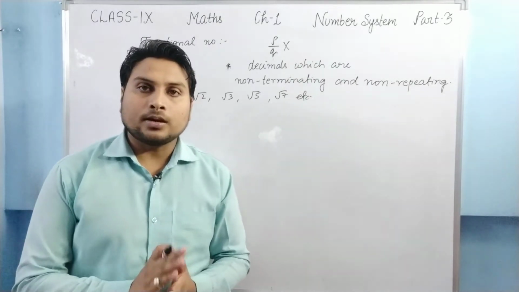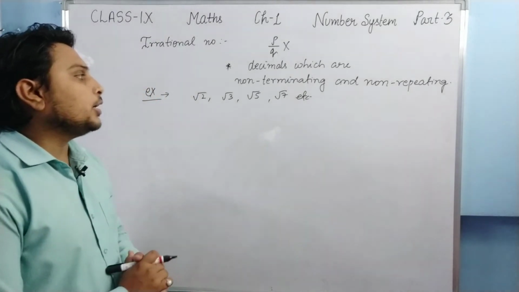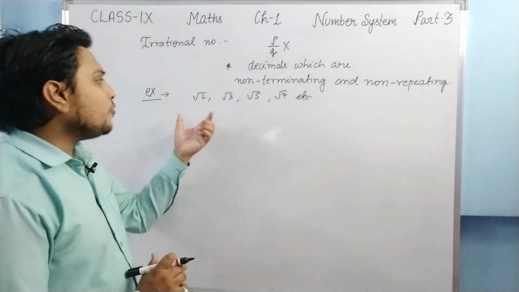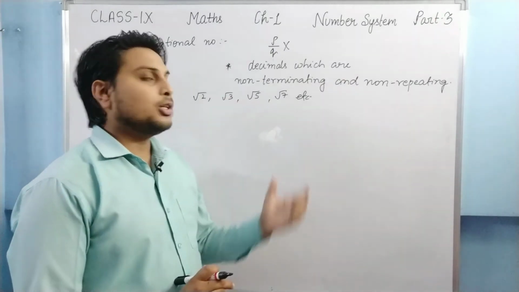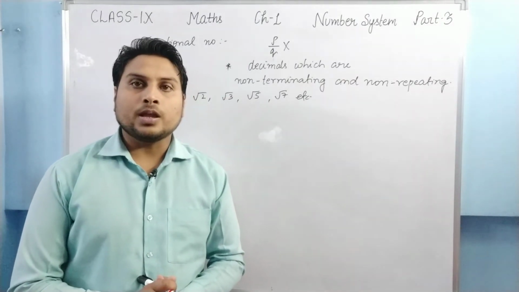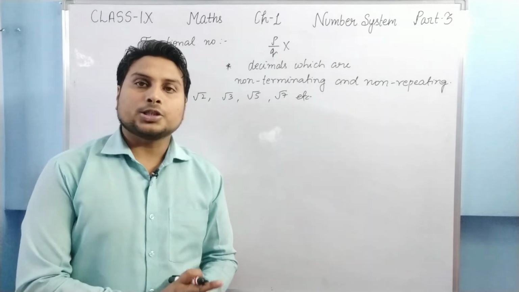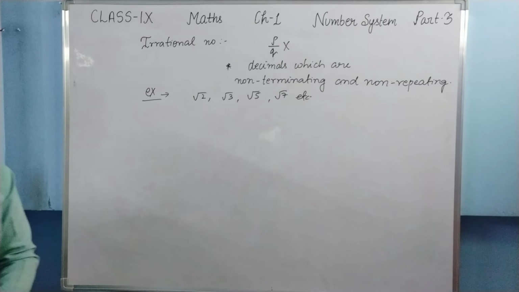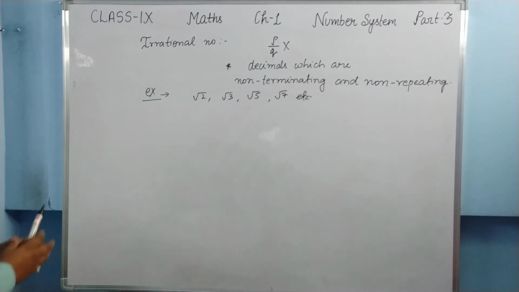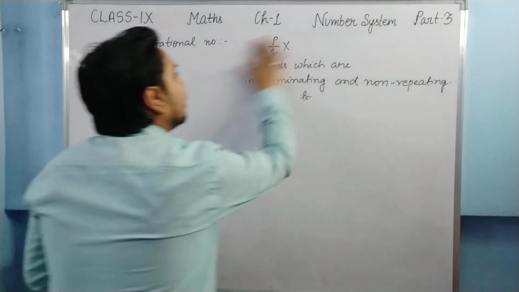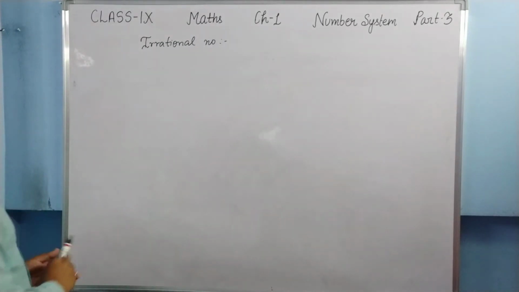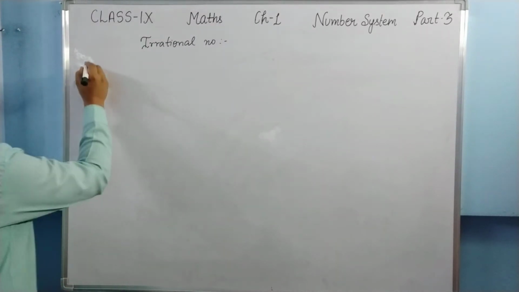Two methods are there to show this, both methods I will tell you, and after that we will see how we can represent irrational numbers on the number line, okay? That also we will learn. So firstly let us see the topic, proving of an irrational number, okay?